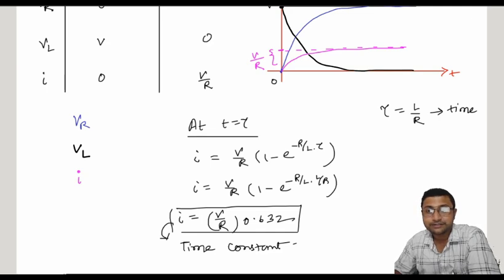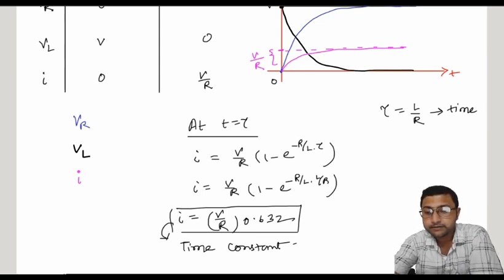It is actually a very tricky part, but very interesting and simple. Tau, that means time constant, should have the unit of time, but the expression of tau is L by R. So how can we prove that the ratio of L by R denotes time? Very simple.